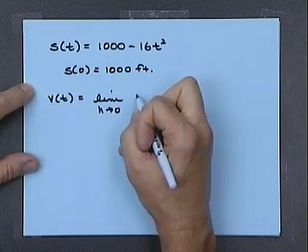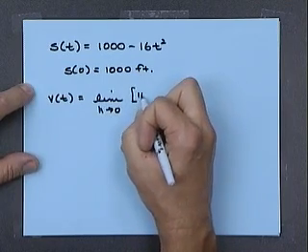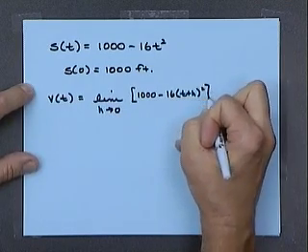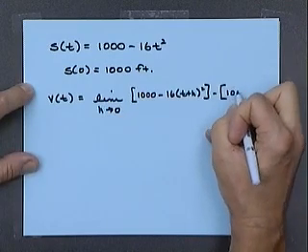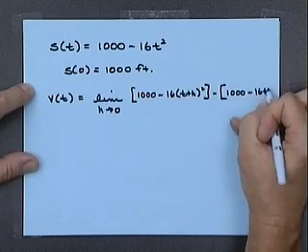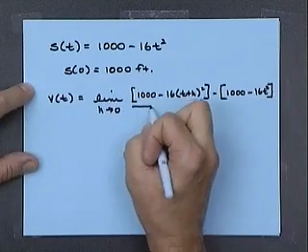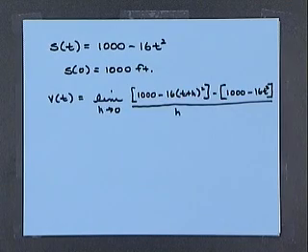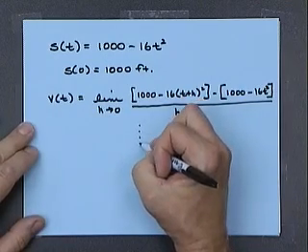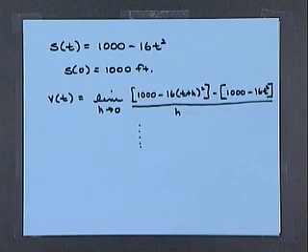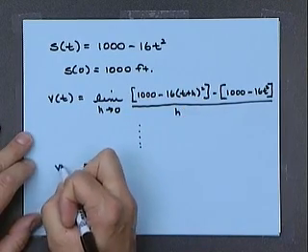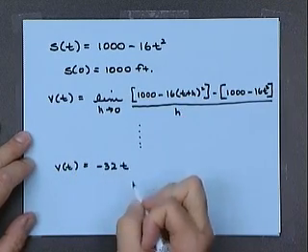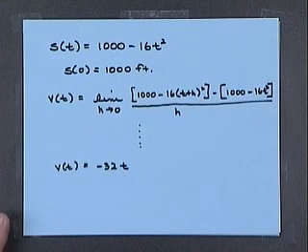So we did S of t plus h minus S of t, all over h, as h approaches 0. All right, so we did this work, right? We did the algebra. We knocked out like terms. We divided everything by h. And we got the v of t to be what? Okay, I think that's where we stopped, right? Because in fact, we were rushing to get to that point.